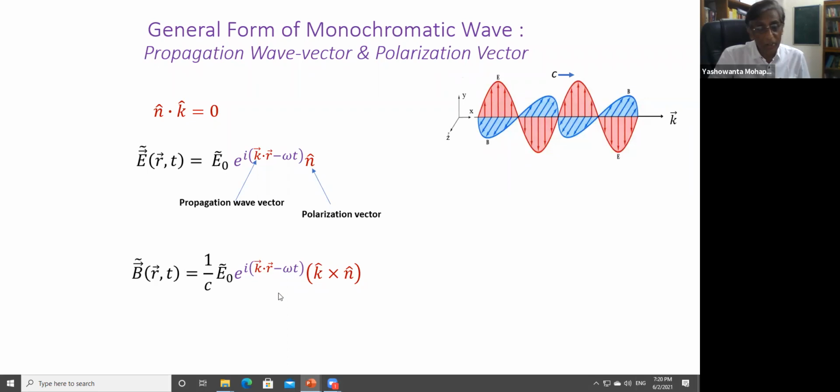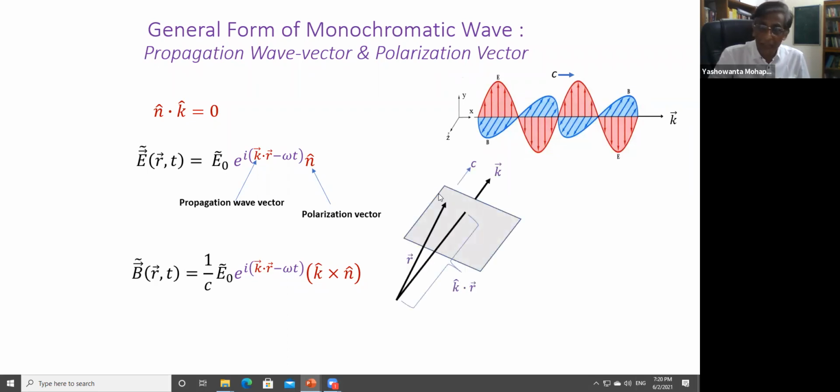And this is k dot r. Let's picture it: suppose this is the wave front, the planar wave front, and I want it at position r. Then I take k dot r, r in the direction of propagation, that is this quantity. So k dot r, and it is traveling in the k direction.